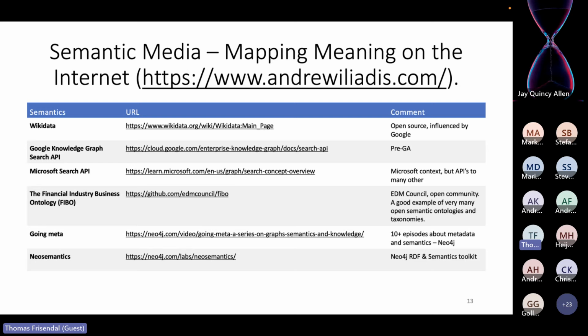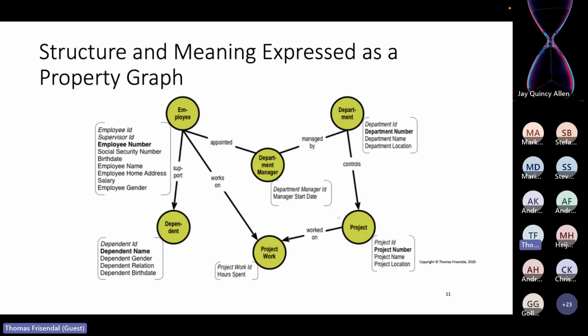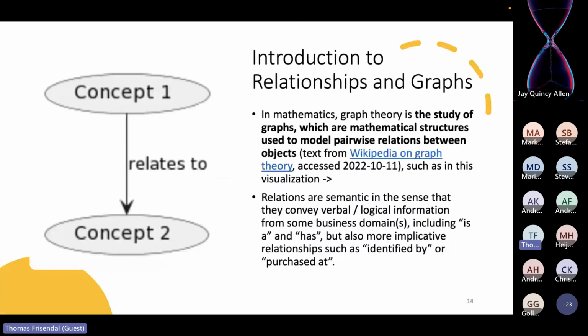Like Wikidata, Google Knowledge Graph Search APIs, Microsoft Search APIs, Financial Industry Business Ontology, and so forth, which are more or less all of them represented as RDF, meaning that you would like to include some external metadata in your own knowledge graph, knowledge about the world, because you also source data from outside of your own organization. So RDF and the property graph have to coexist.